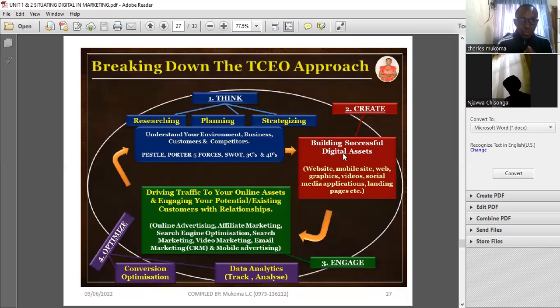So you need to create and establish landing pages that are able to optimize, that are able to attract the internet traffic. Then you are safe. Okay. So that is the TCEO model.